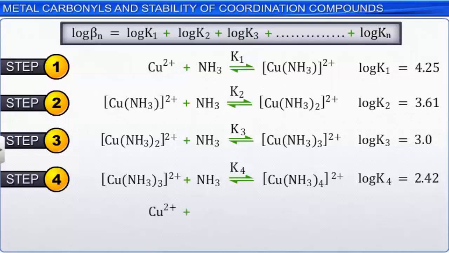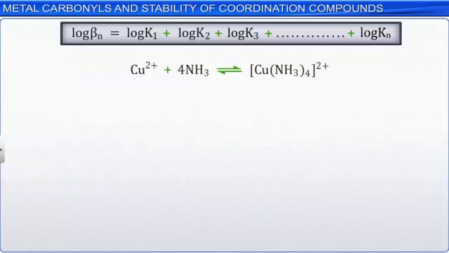Its value is 1.20 × 10^13. In terms of log scale, it is equal to 13.28. Thus, it can be seen that the sum of the logs of the stepwise stability constants is equal to the log of the overall stability constant.